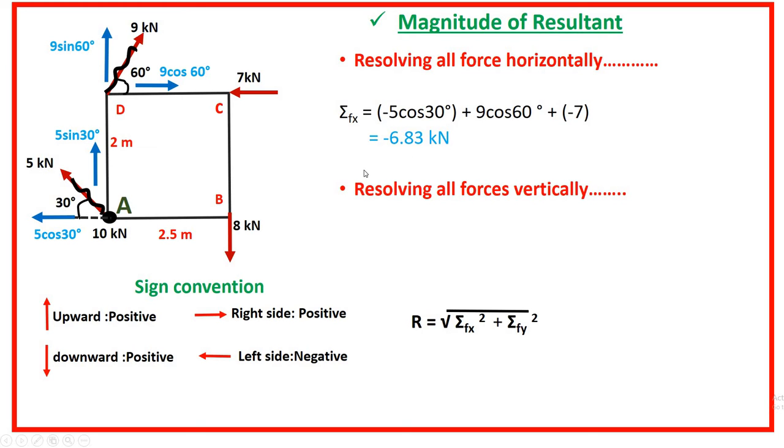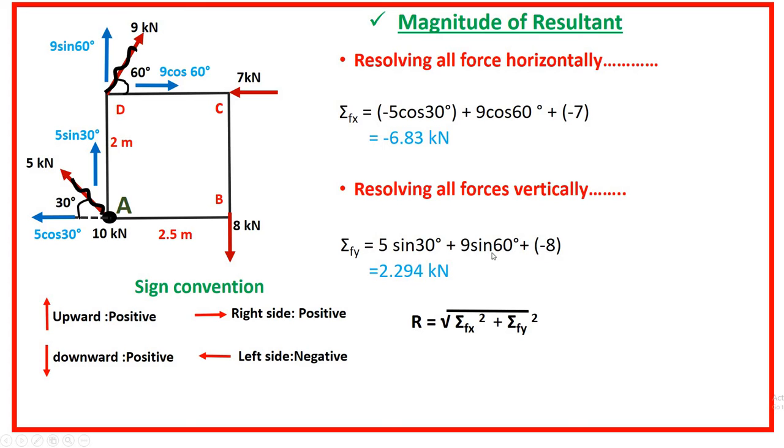Now next let us resolve all forces vertically. Right, now sigma Fy, the summation of all forces in the vertical direction. This force is acting in the upward direction, that's why positive. This force is also acting in the upward direction, that's why positive. Then this 8 is acting in the downward direction, so it is negative, right?